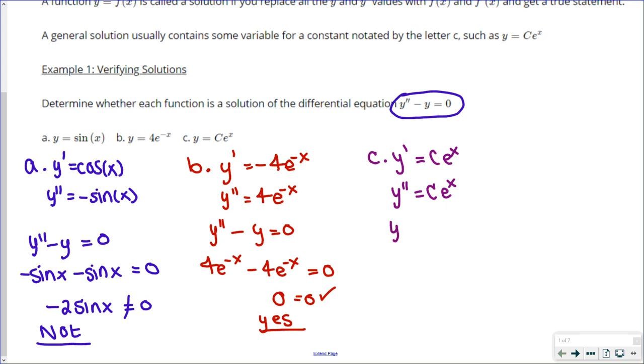Now we plug into our equation y double prime minus y equals 0. Y double prime is c e to the x minus y, which is c e to the x, and we're going to see if this is equal to 0. C e to the x minus c e to the x equals 0, and 0 definitely equals 0, so this one is also a yes. Go ahead and try the next few on your own.